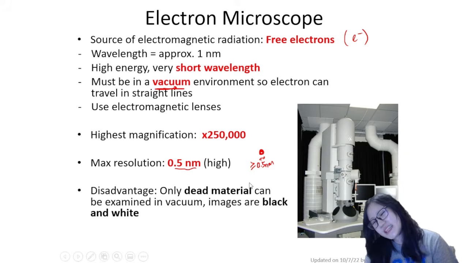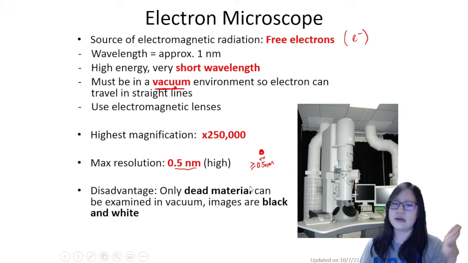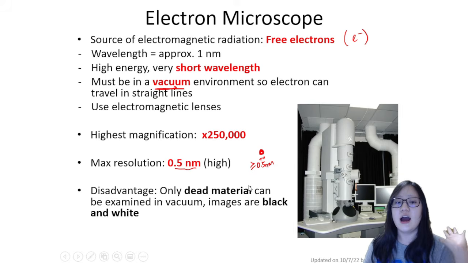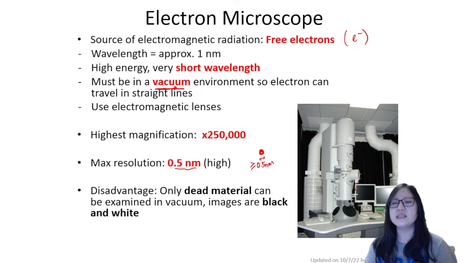Now, what's the disadvantage though? Even though it has a very high magnification and very high resolution, the disadvantage is because it needs to be in a vacuum environment, only dead material can be examined. And because it's not using visible light, where light can bounce off and there's a spectrum like a rainbow color, right?